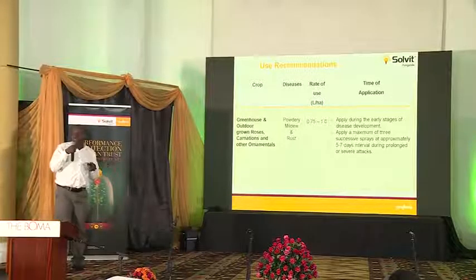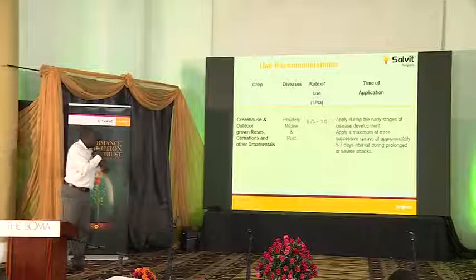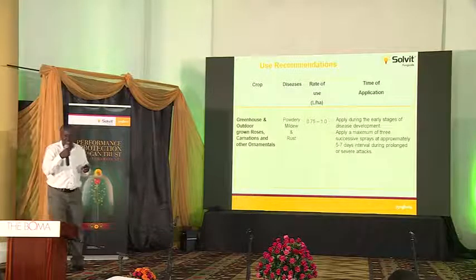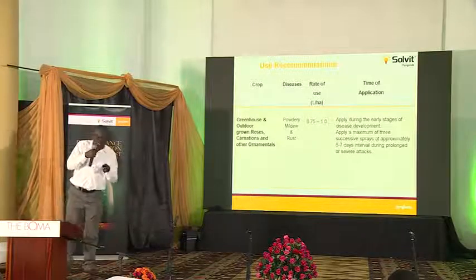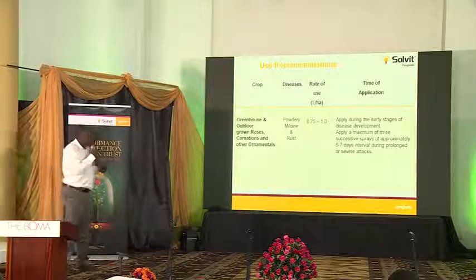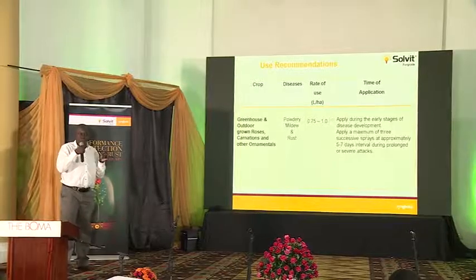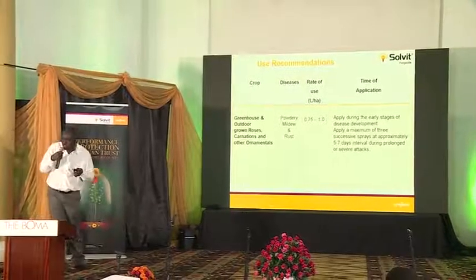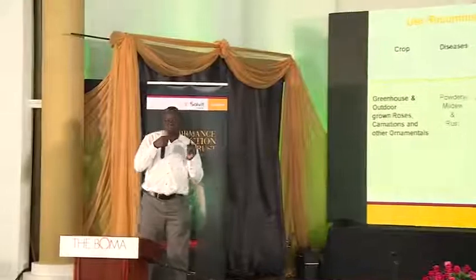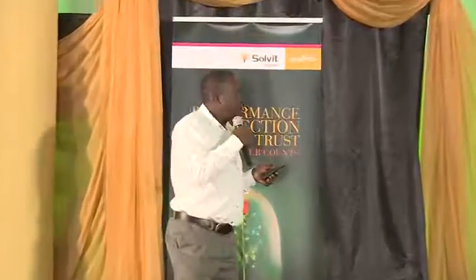So as a general rule for fungicides, we emphasize the need for early application. So when you notice signs and symptoms of the disease, or the weather conditions are favorable like we have been told, the optimum temperatures for germination was 22 degrees. Yeah, you remember the humidity levels, if they are quite high, then it means that you could anticipate powdery mildew, especially where the source of inoculum is available.